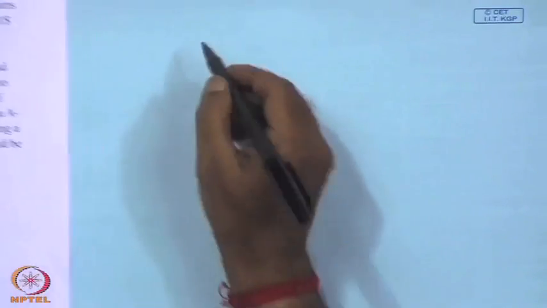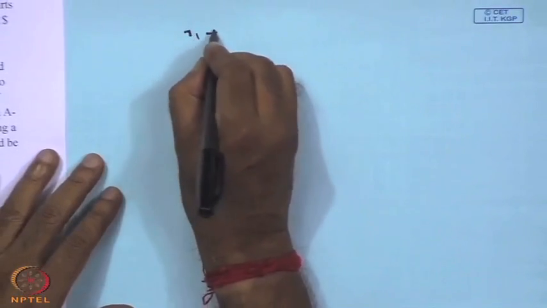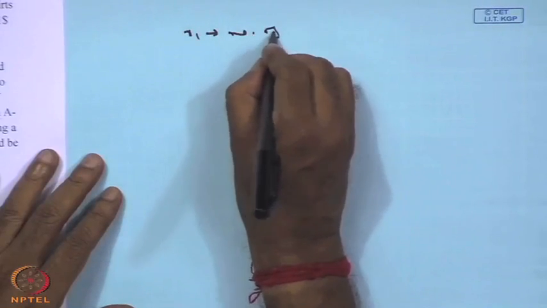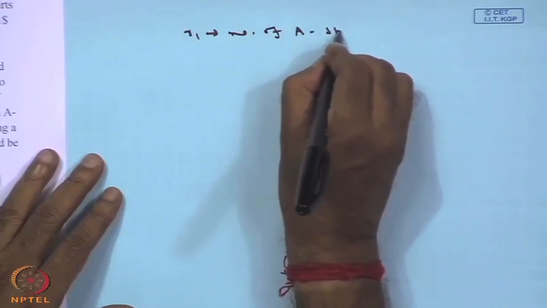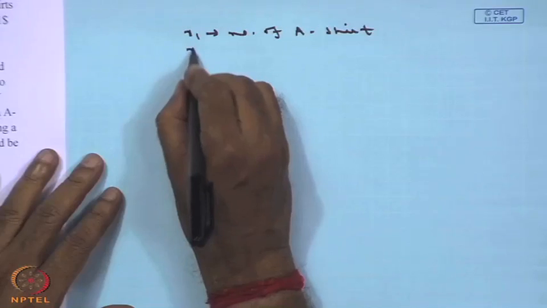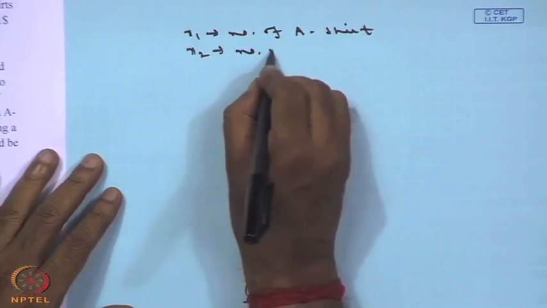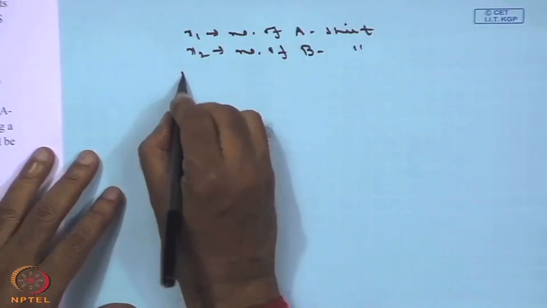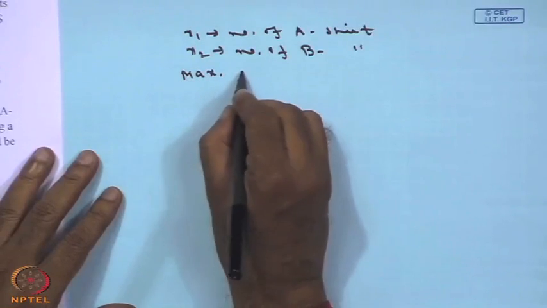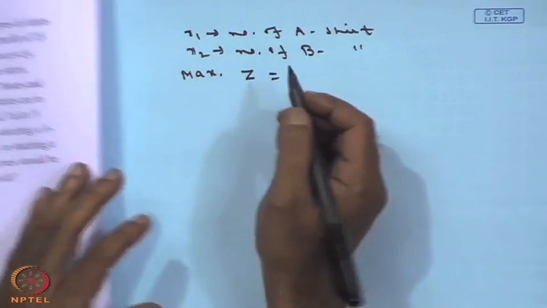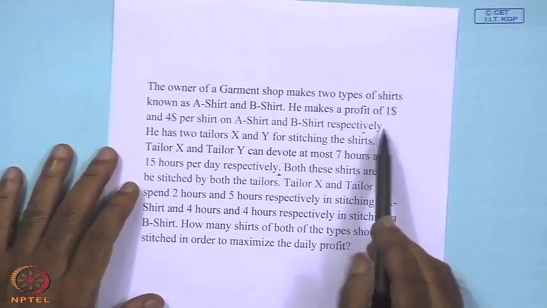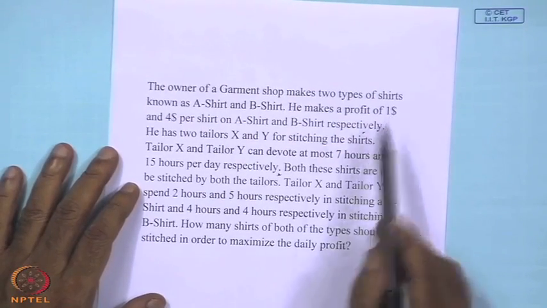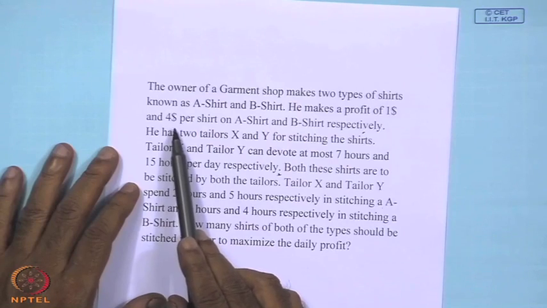So, I am taking two decision variables: x1 is the number of A type of shirts and x2 is the number of B type of shirts. What is your objective function? Objective function is maximize z equals what? The profit for A type of shirt is 1, the profit for B type of shirt is 4.